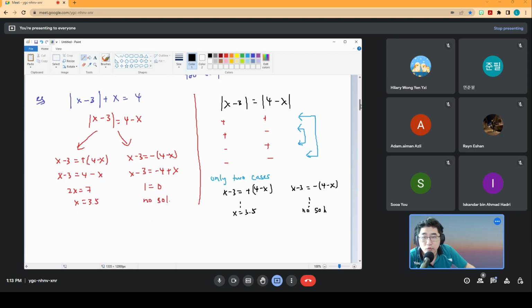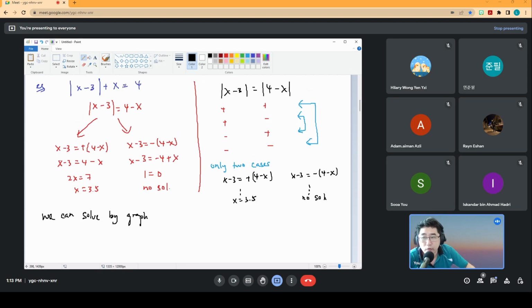Okay, so other than solving by algebra, we can also solve by graph. Therefore, the graphing technique is very, very important here. So for example, modulus x minus 3 equals 4 minus x over here.